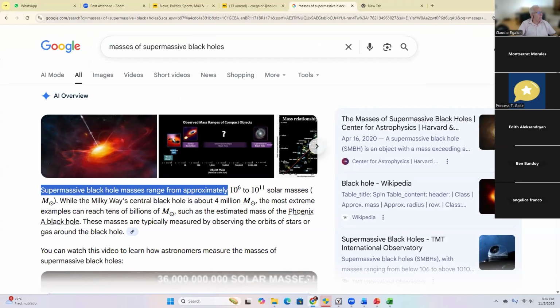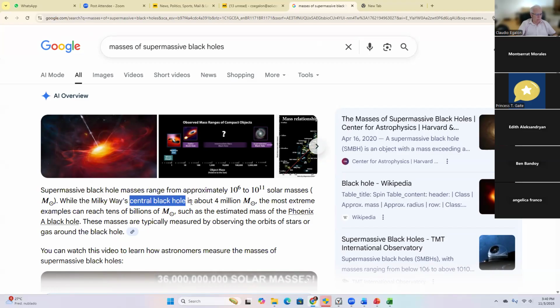Our black hole, our example, has a mass of 10 to the 9, so it is a supermassive black hole. In the case of the Milky Way central black hole, the mass is 4 million times the mass of the sun. So the supermassive black hole at the center of the galaxy is still smaller than the mass of our black hole in our example.